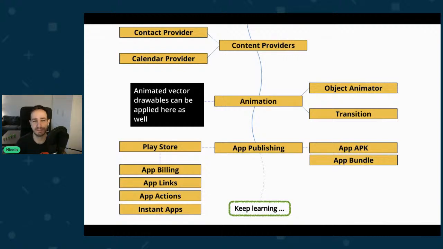So this roadmap is just to give you an idea of what is more important to learn first, and to give you an order of the things you need to look into. But again, keep on learning, get in touch with experts, get in touch with the community, get in touch with other people that, similarly to you, are learning, and I'm pretty sure you will enjoy doing Android development.